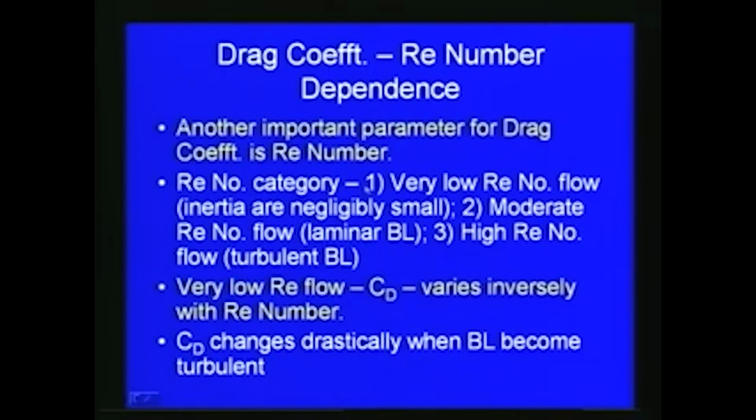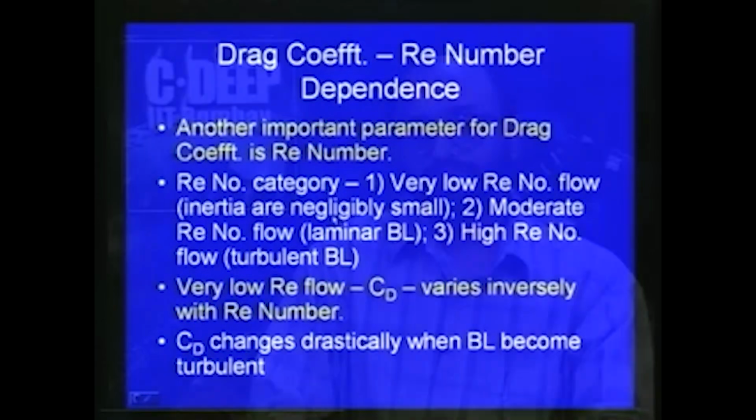As far as Reynolds number is concerned, there are three categories. One is very low Reynolds number flow, where the inertia forces are negligibly small. The second is moderate Reynolds number flow, where a laminar boundary layer forms. The third is high Reynolds number flow, where the boundary layer is turbulent.